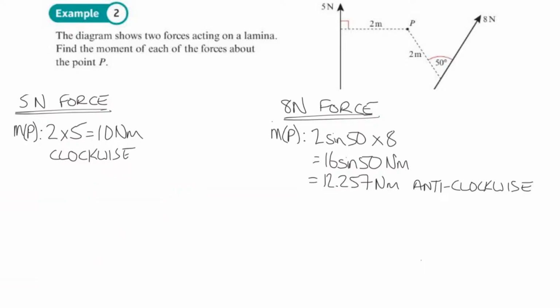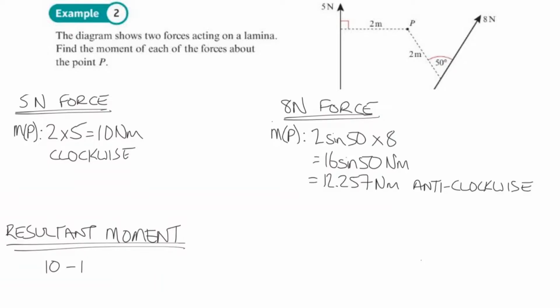We need to make a similar consideration with moments. Instead of having right and left for the positive directions, or up and down, as you might have seen before, we have clockwise and anti-clockwise. We'll choose clockwise as the positive by default, and we'll choose anti-clockwise as the negative. So, in this case, we have 10 minus 12.257.